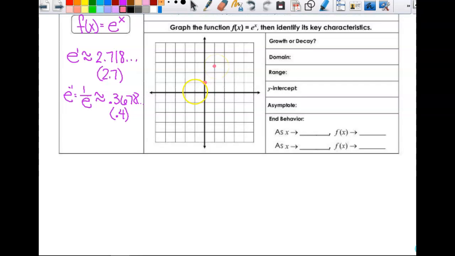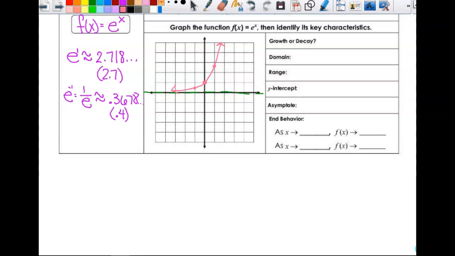Negative 1 will give me about 0.4, so it's a little less than a half right there. And just like the others, I have an asymptote, and my function looks like this. Okay. We're okay with that?